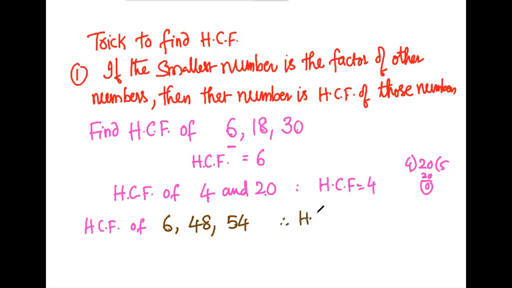Therefore, the HCF of the given numbers 6, 48 and 54 is 6. In this way, we can find the HCF easily, without the division method or the listing factors method.